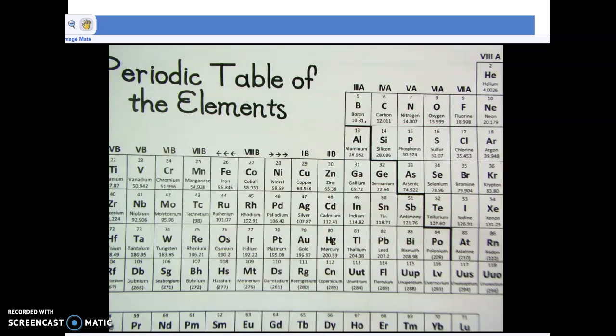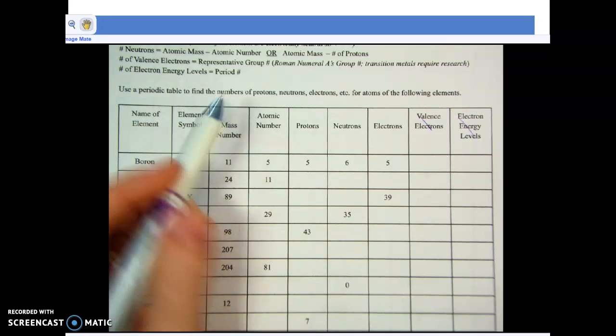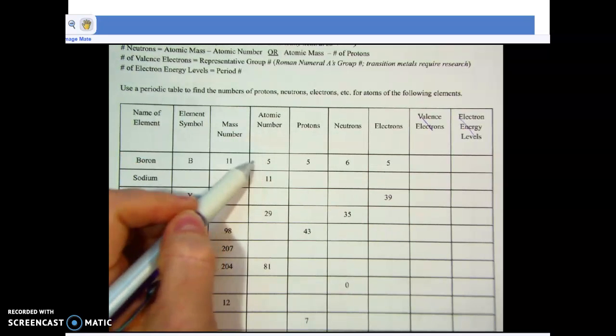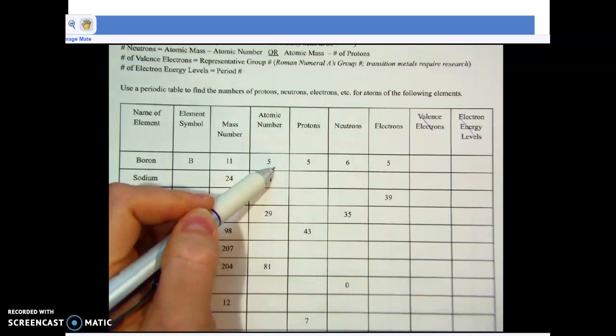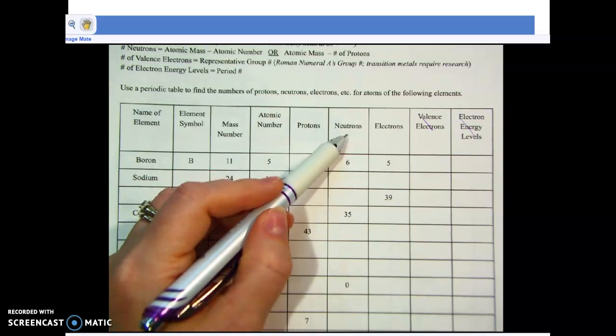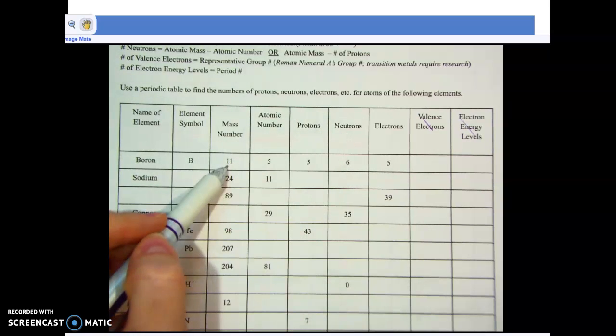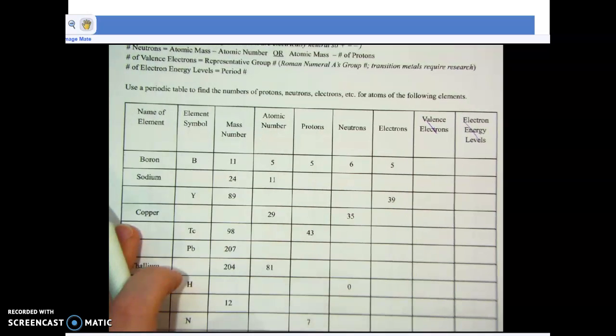We are going to just use this as an example. What they did was they took the atomic number as the same as the number of protons and electrons. You're going to use math to figure out the neutrons. So 11 minus 5 gives you your 6. That's how you figure these out.